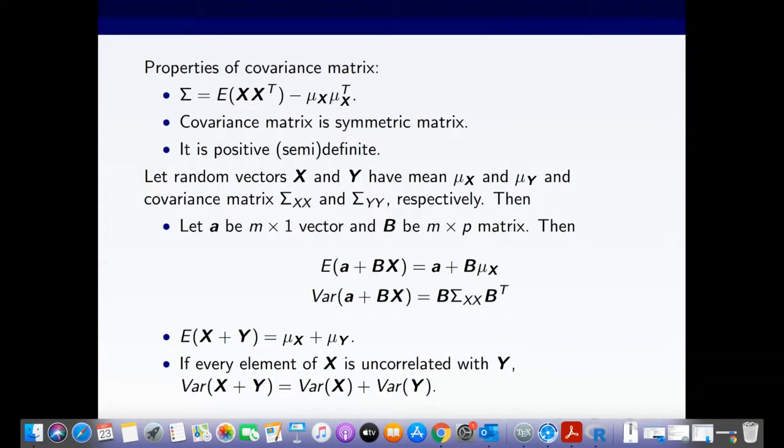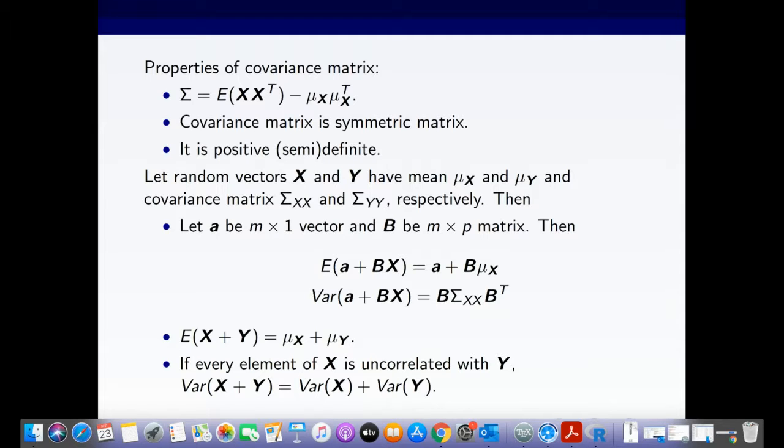Mathematically speaking, it is positive semi-definite if you consider the case when the variance can be 0. But here we usually assume the variance is strictly greater than 0, so it is positive definite.